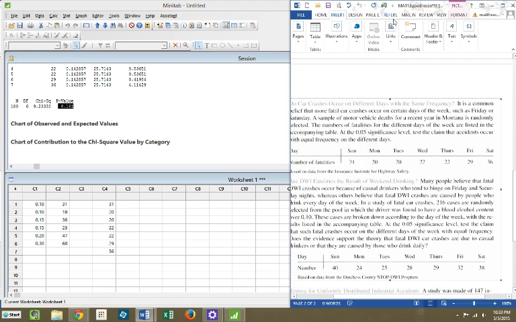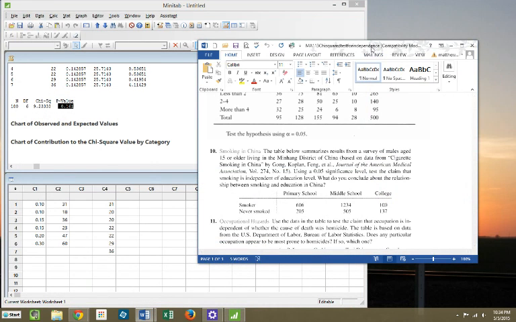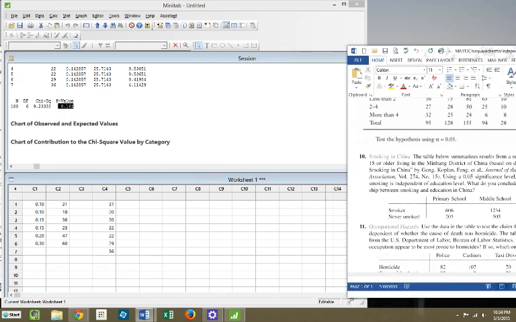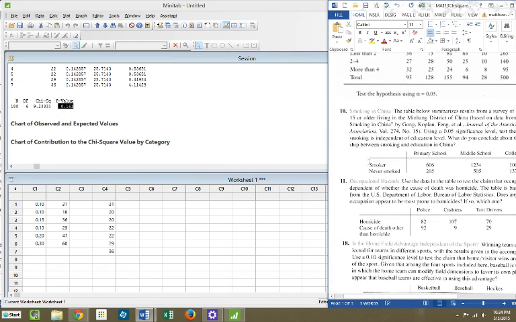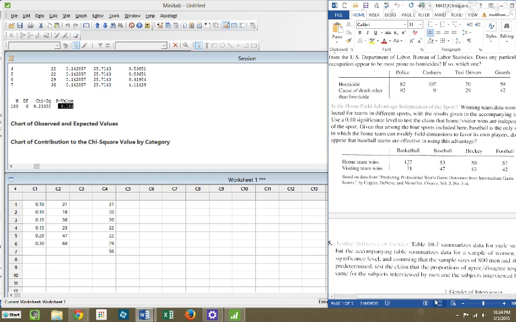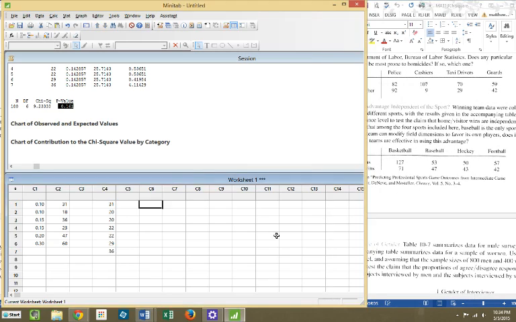Now, that's goodness of fit. Let's go ahead and pick up a chi-squared test for independence. Let's go down here. Is there an advantage in a particular sport to being home or away?